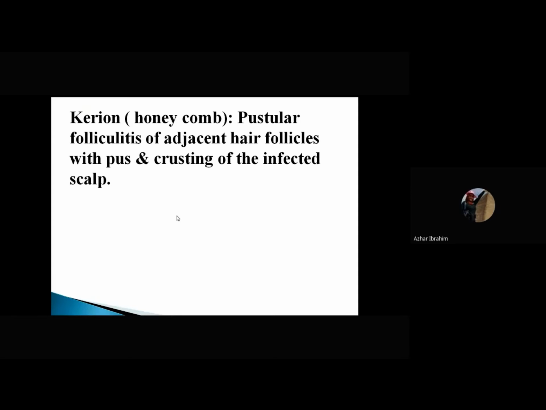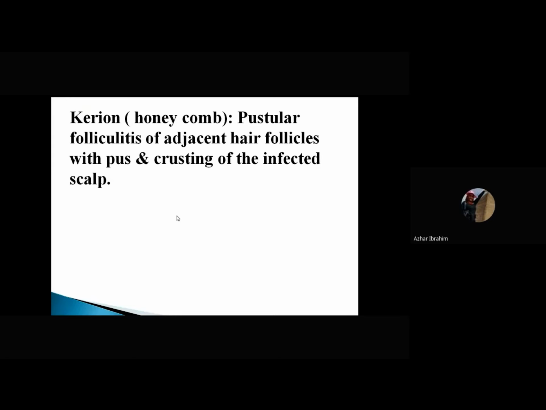How? The pustular folliculitis of adjacent hair follicles with pus. So the hair follicles are adjacent to each other and covered with pustules. Okay, pus and crusting, with few scales and crusting of the infected scalp.